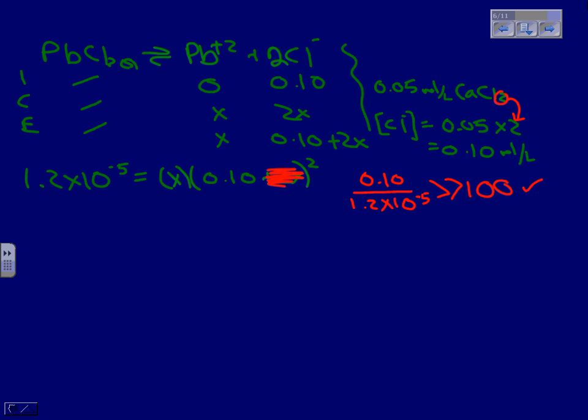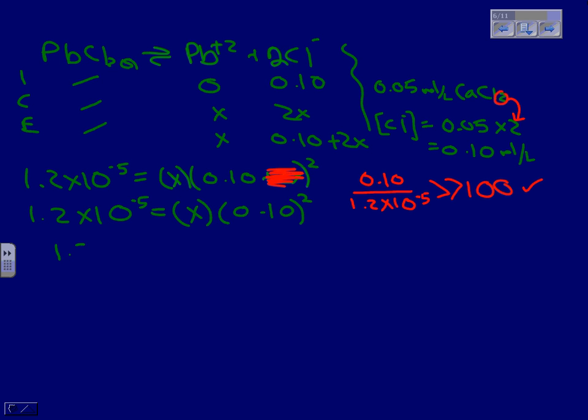Now here's the little pitfall that many people fall into. Now you're ready to go. 1.2 times 10 to the minus 5 equals, excellent, you've got an x in there, but we often forget that there's a square out here. We need 0.10 and it is squared. Don't forget that that square goes along with it as well.